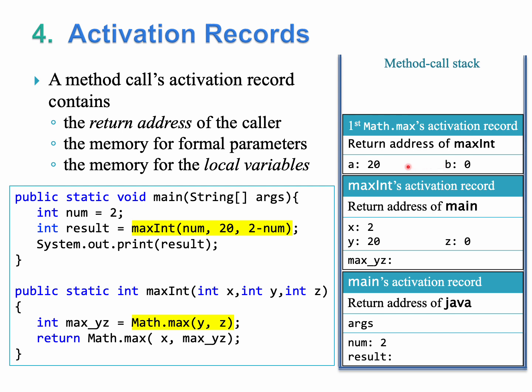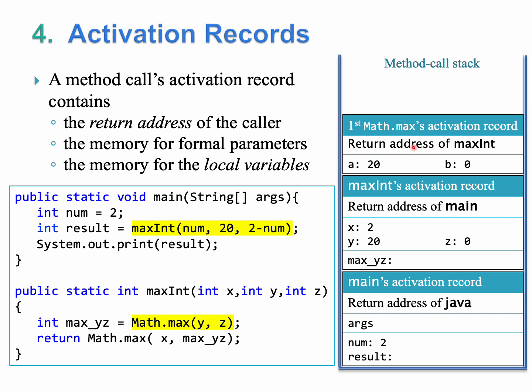Then the activation record of the first call to Math.max in the maxInt method is created and pushed onto the stack on top of the activation record of method maxInt.